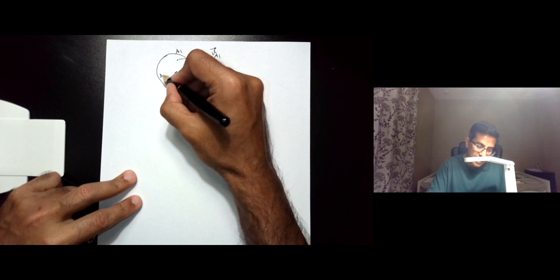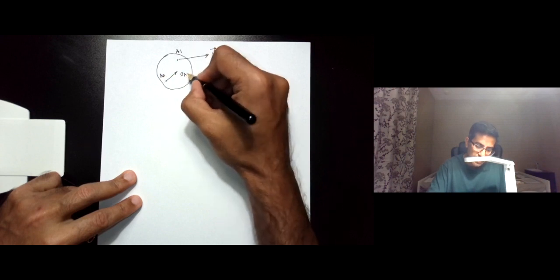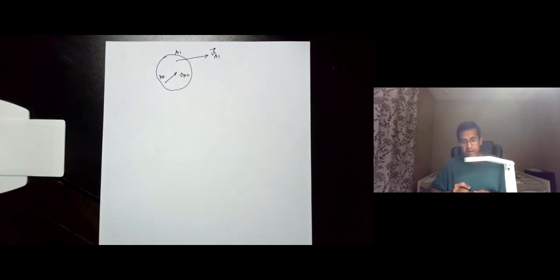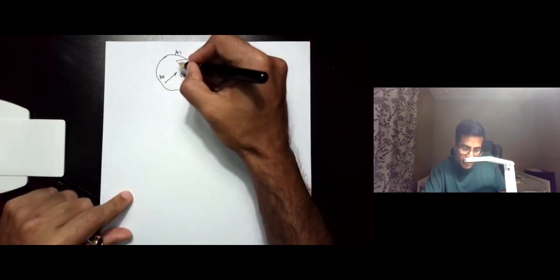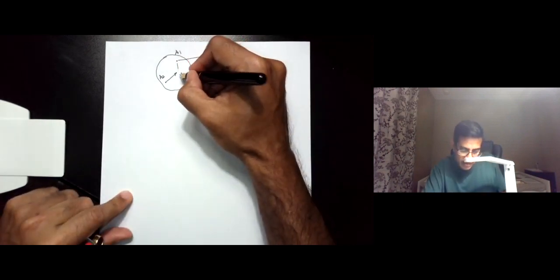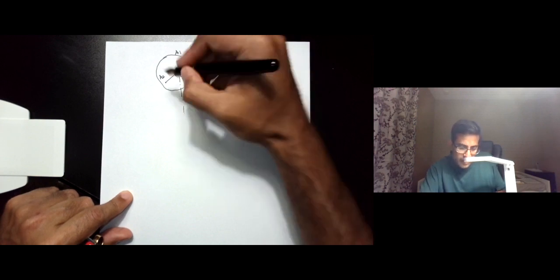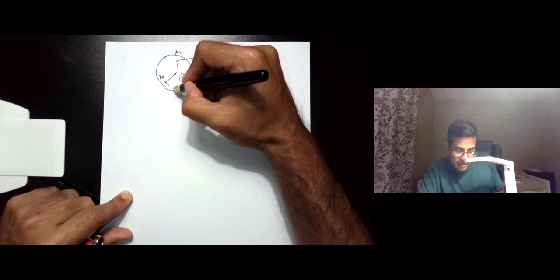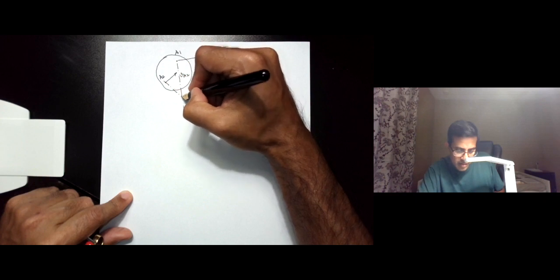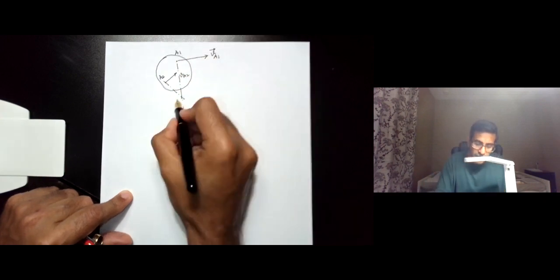This is A2, this is VA2. And by the way, the instantaneous center, let's say, lies over here.